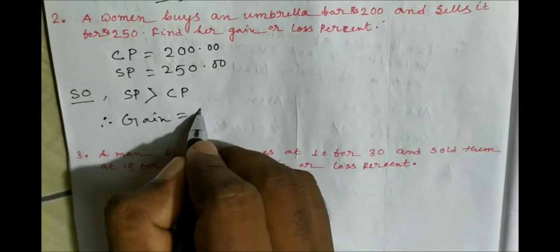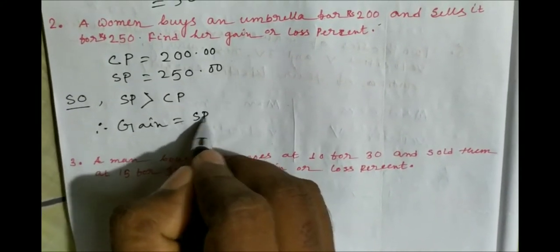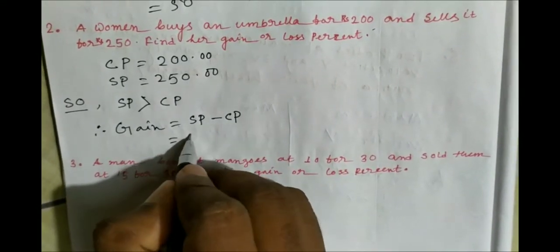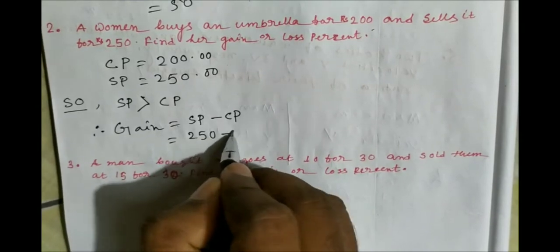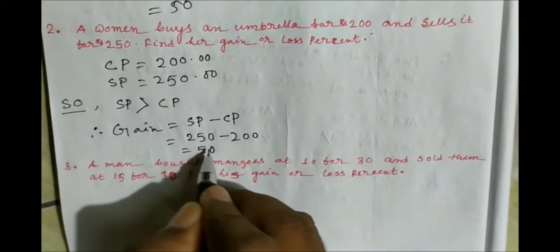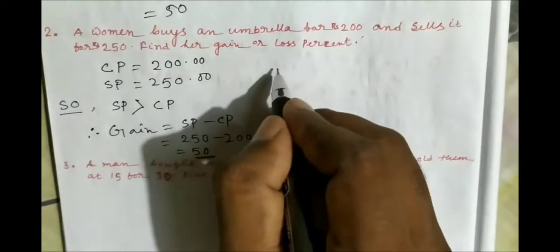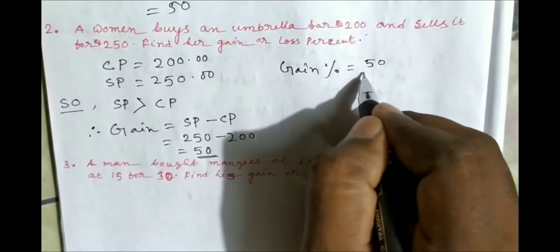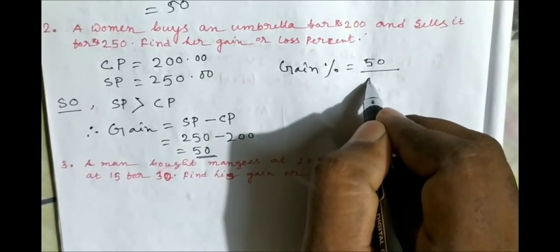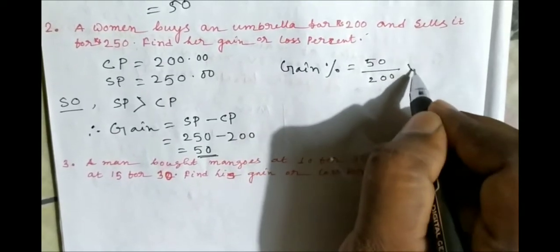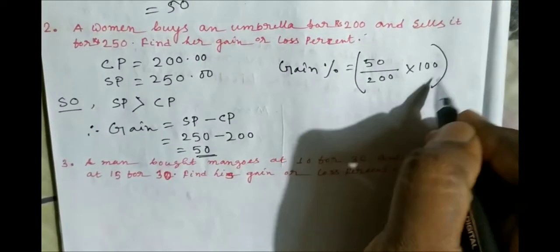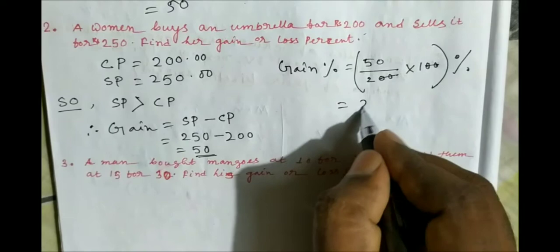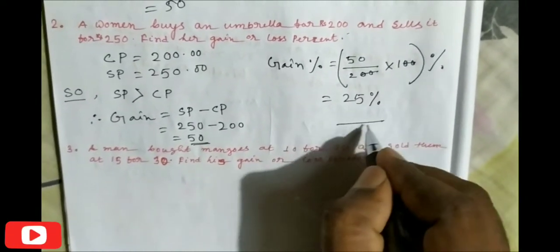Therefore gain is equal to 50 rupees, and gain percentage is equal to 25%. This is the answer.